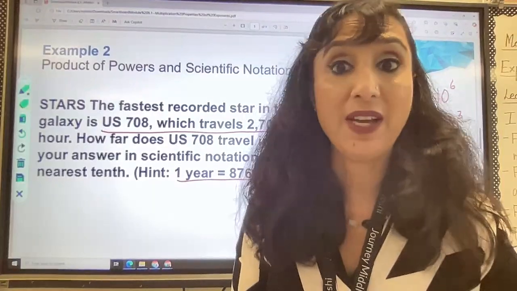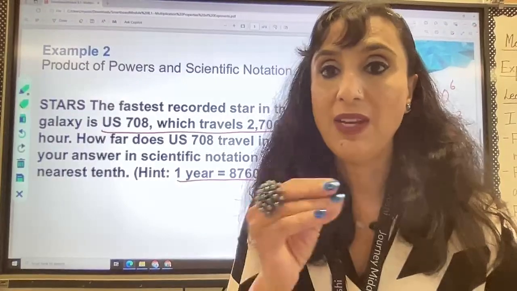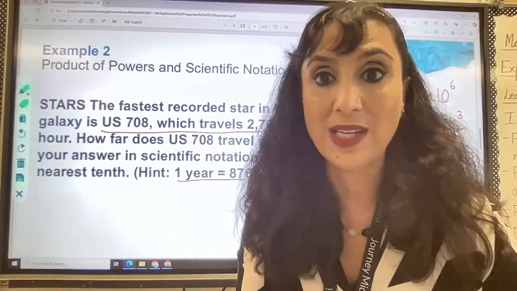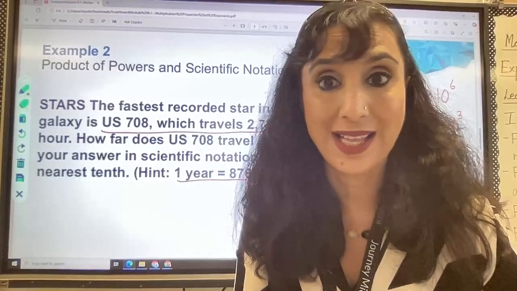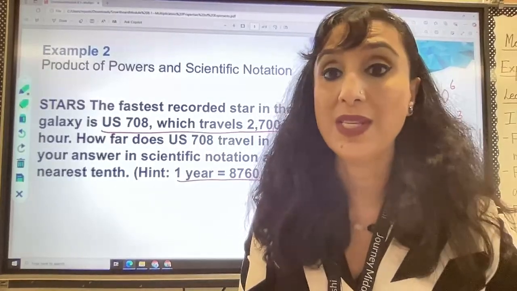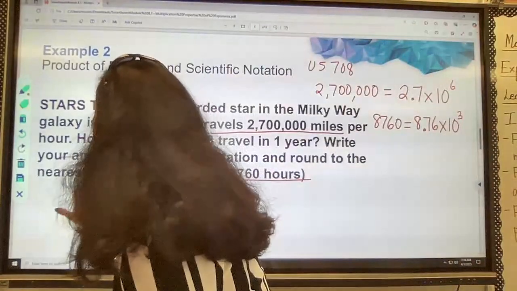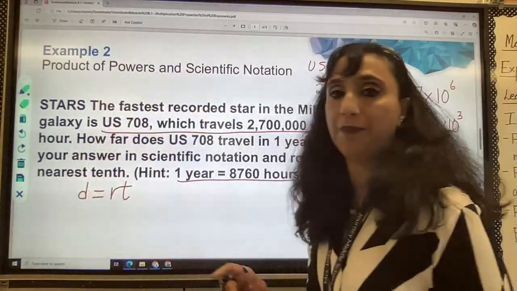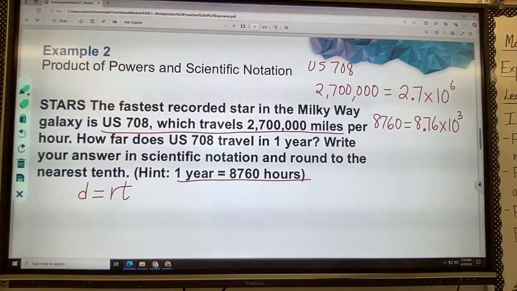For example, if I say 70 miles per hour, the 70 miles over 1 hour has made that speed into a rate. That is why we know distance is speed times time, and speed is nothing but a rate. That's why we say distance is equal to RT, because we're trying to see how far it travels.